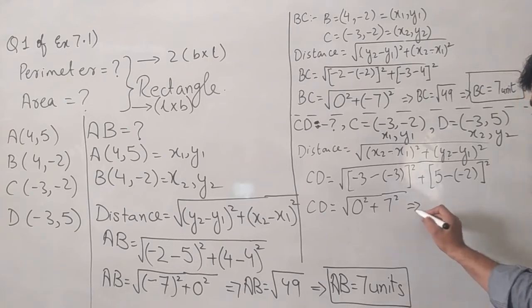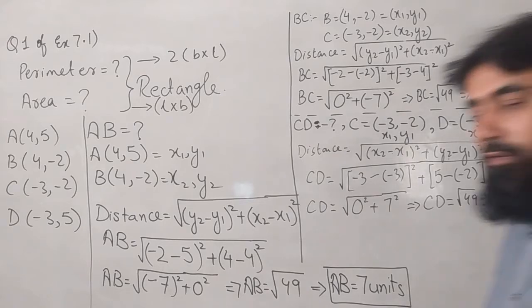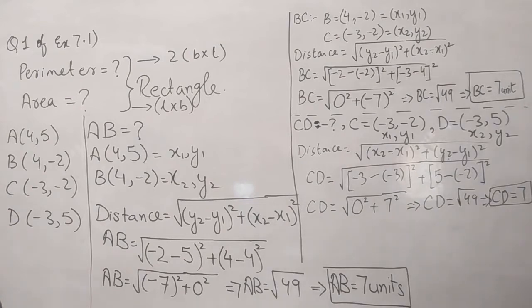It means that CD equals under root 49, which will be equals to 7. Okay, that's your final answer for the value of CD which we were supposed to find in this one, right?